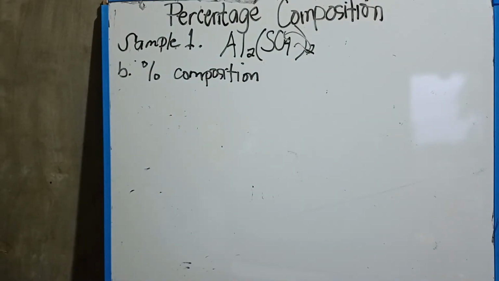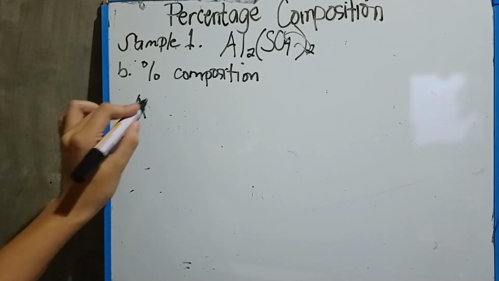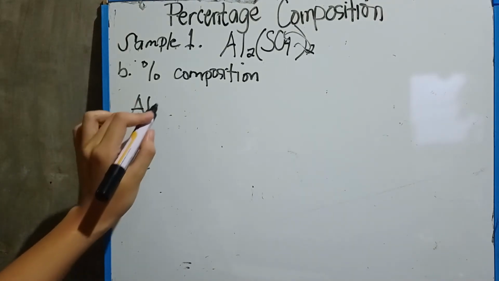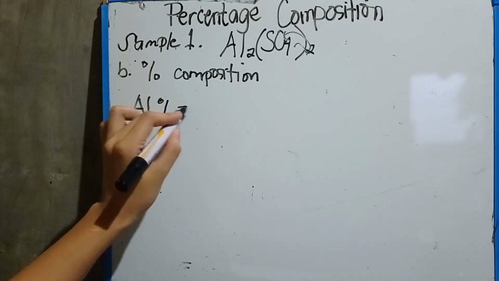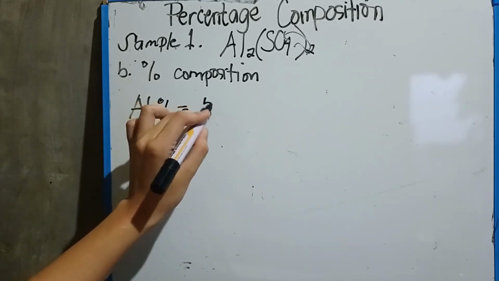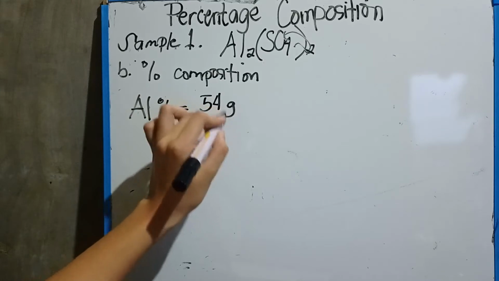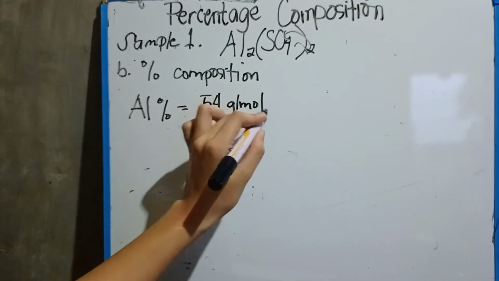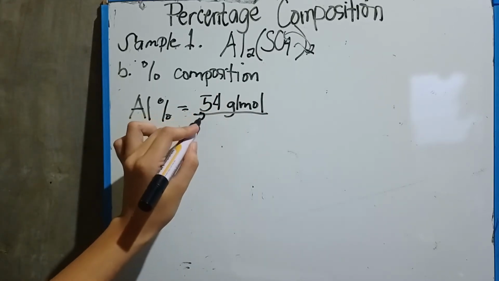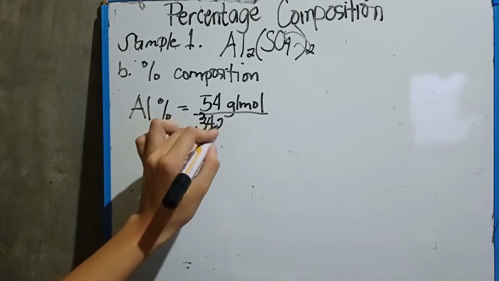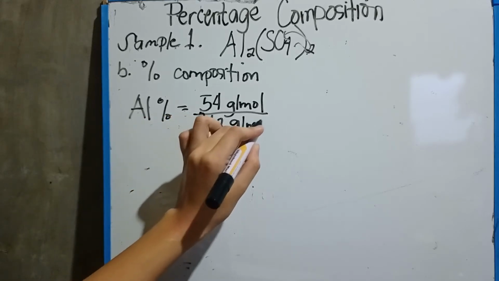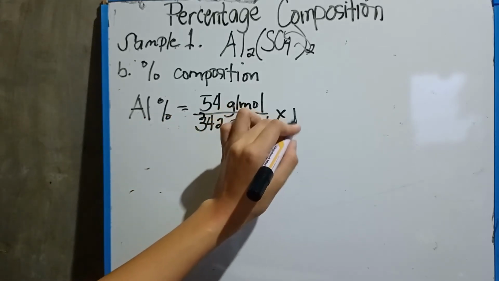The question here is to determine the percent of each element, which means one by one. First, we're going to get the percentage composition of the aluminum. It equals 54 grams per mole over 342 grams per mole multiplied by 100%.